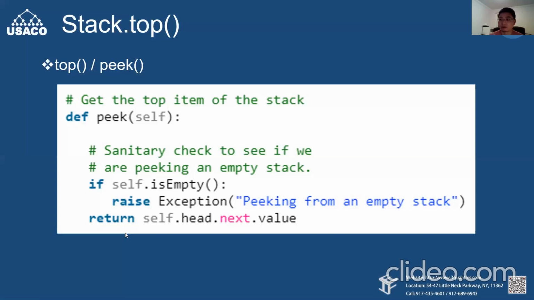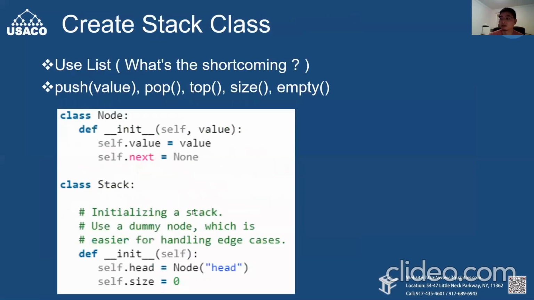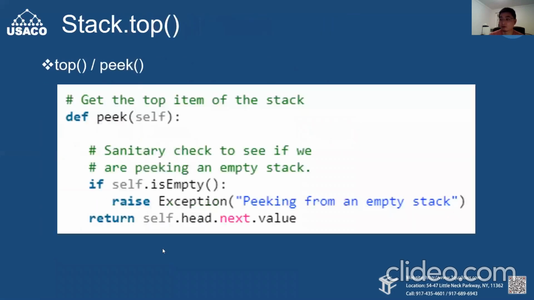Okay, remember, self.head we initialized with a dummy head value. But this one is not the value counted inside the stack. So hence we have to get the next value.